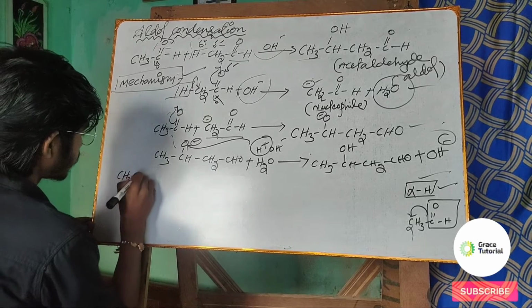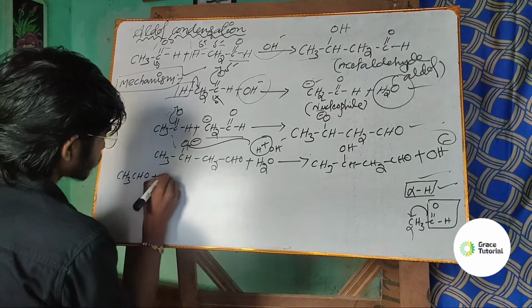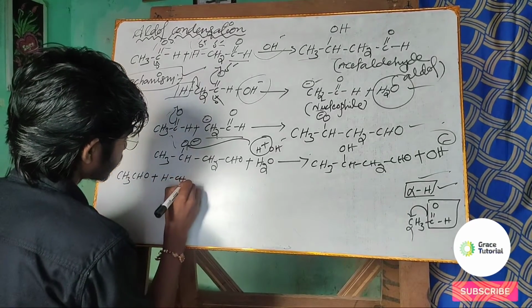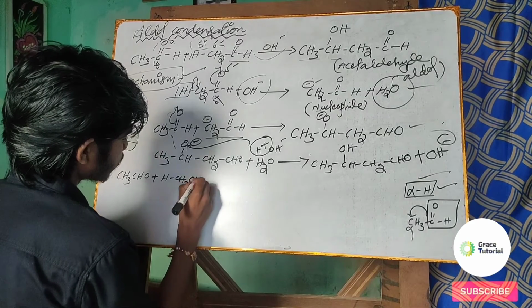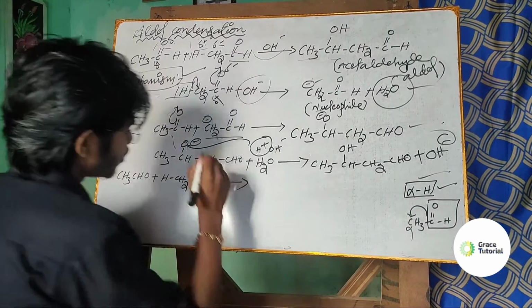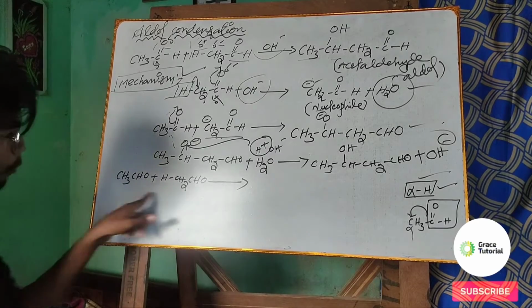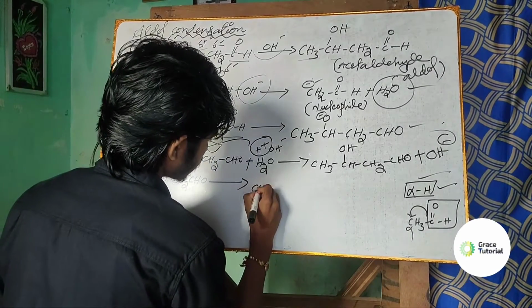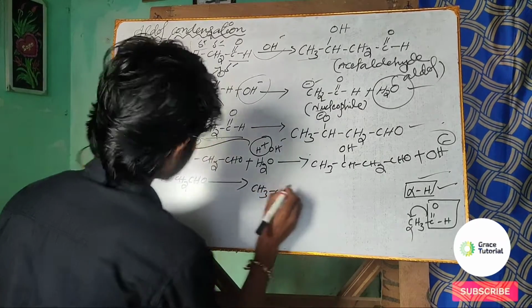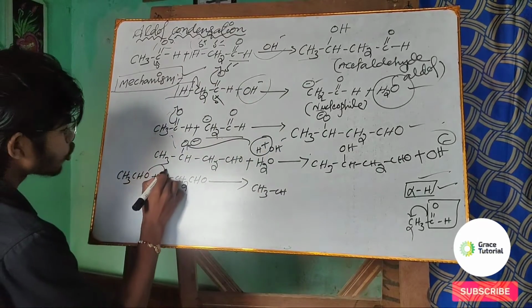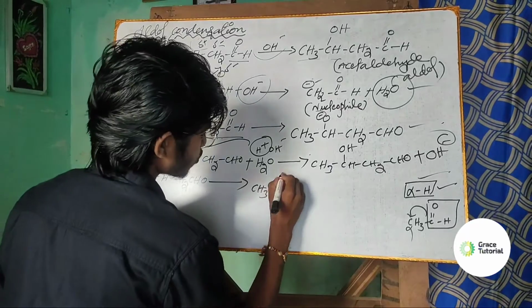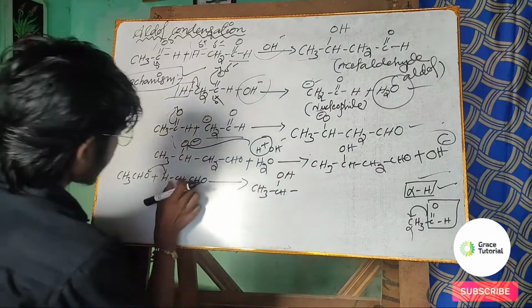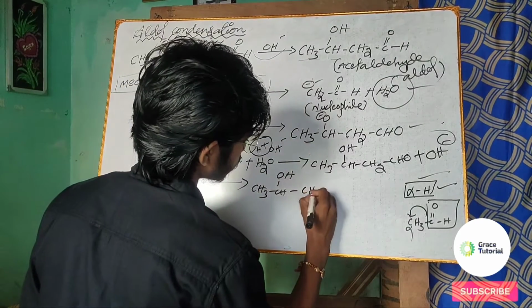CH3CHO again with CH3CHO. Both the compounds are acetaldehydes. Here what happened? CH3, CH, this OH, it comes here, and we have CH2, CHO.